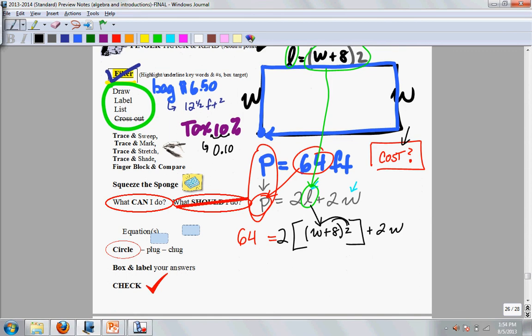I'm going to start by distributing. So I have 64 equals 2W plus 16 plus 2W. I'm going to distribute this way. 64 equals, that's 4W plus 32 plus 2W.